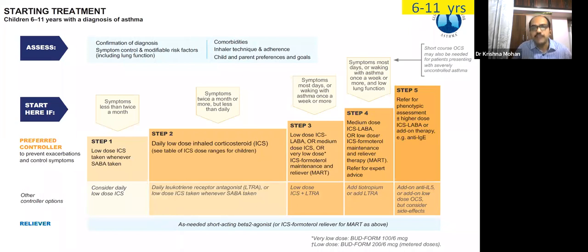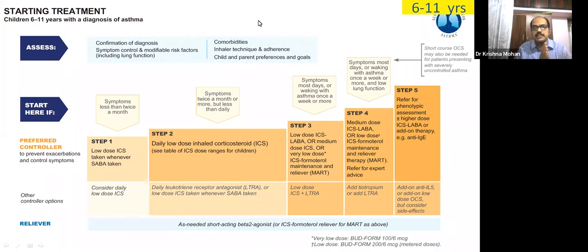If with step 3 the patient is not improving, then we have to advance the treatment. What is advised is that you can either use a medium dose inhaled corticosteroid LABA combination or a low dose ICS formoterol MART. MART is maintenance and reliever therapy. So these are the different options for treating the 6 to 11 years age group.